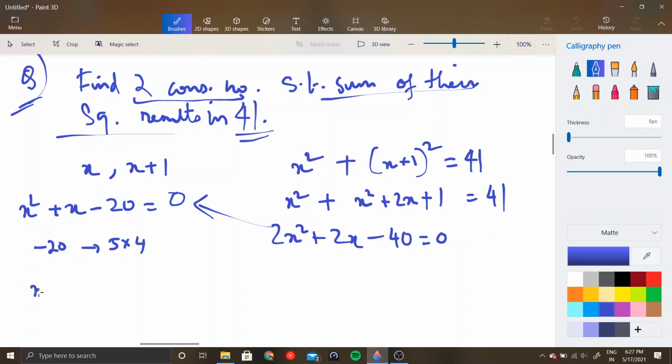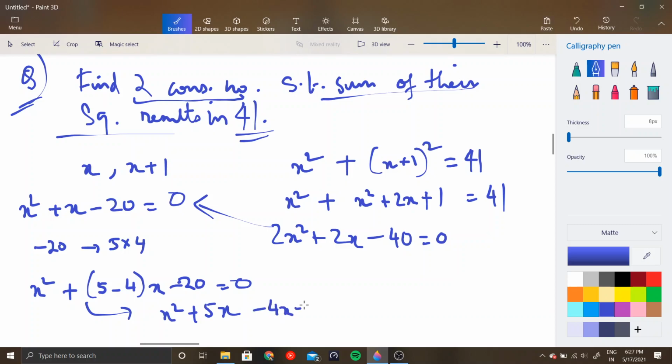So if you break this, x squared plus 5x minus 4x minus 20 equals 0. That will result in x times (x plus 5) minus 4 times (x plus 5) equals 0, right?